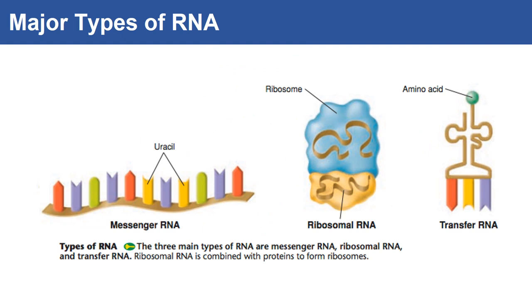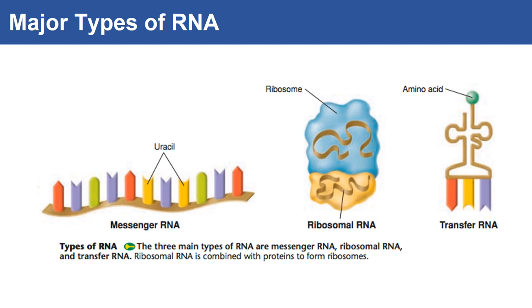There are three major types of RNA, with numerous subclasses. The three major types are mRNA, ribosomal RNA, and transfer RNA, and we'll talk about all three. Messenger RNA is the template when we translate into protein.